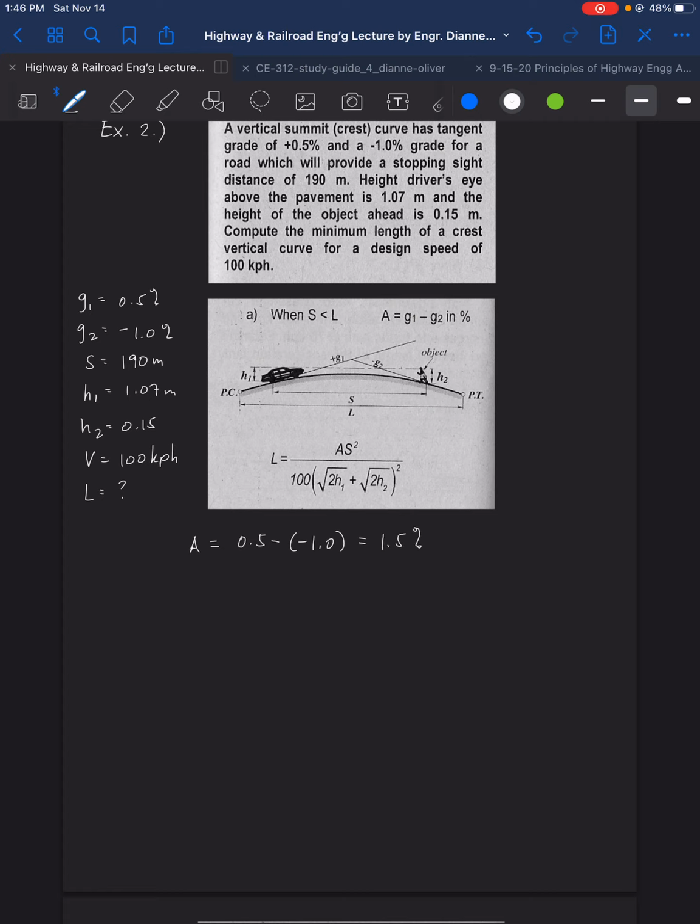Now L is equal to 1.5 times the S of 190 squared, over 100 times the square root of 2 times 1.07 plus the square root of 2 times H2, squared.